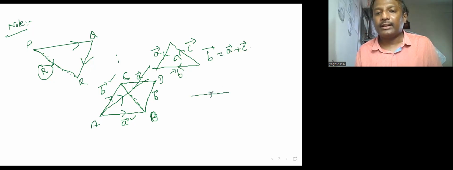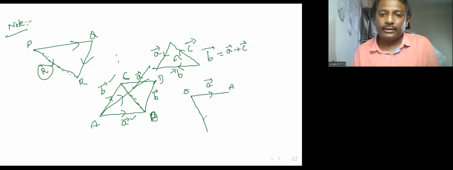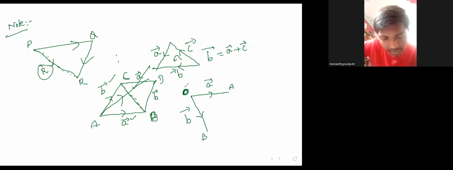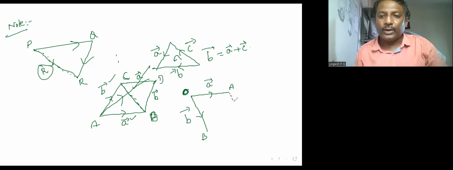This is OA. This is OB, the B vector. Can you tell me whether it is the triangle method or the parallelogram method? Parallelogram. Very good. So I will draw one more parallel line here and call this point C. Shall I write A to B as the resultant?